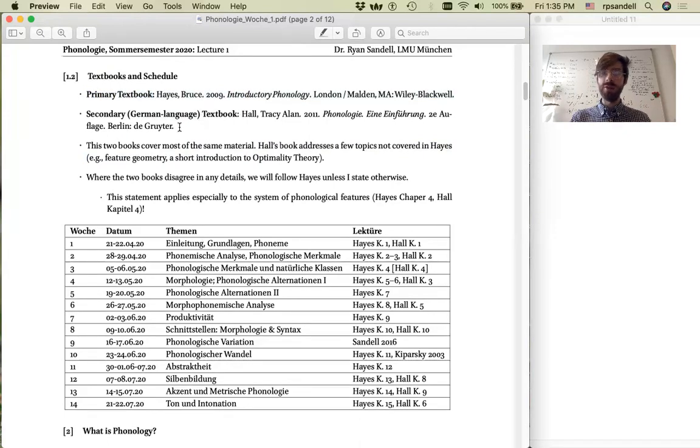It's not absolutely necessary to read Hall unless you would like to have that German language explanation as well, or have a slightly different perspective. But important to note is that if the two books disagree on any points, and that especially will be the case when we talk about phonological feature systems in a few weeks, we're going to follow what Hayes sets forth unless I explicitly state otherwise.